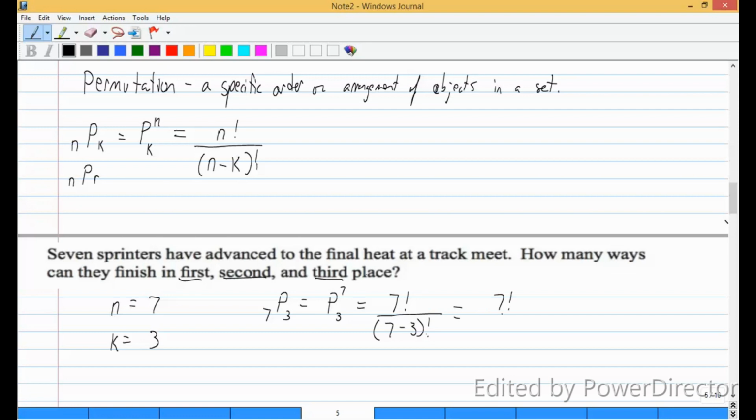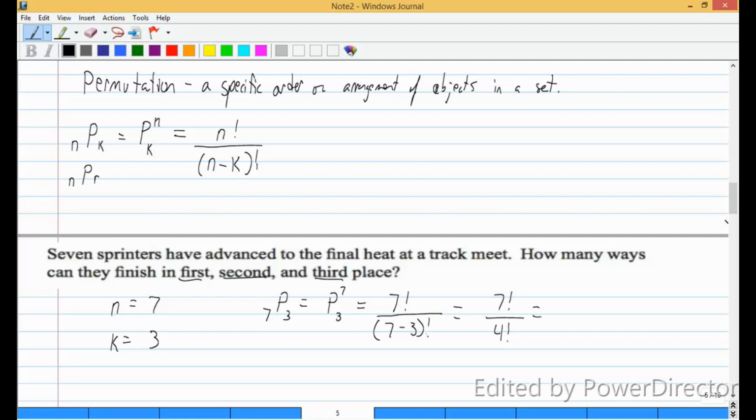So that's 7 factorial divided by 4 factorial. So in a race, order matters. So that's why we have to use a permutation. Now, if I want to calculate this, that would be 7 times 6 times 5 times 4 times 3 times 2 times 1 divided by 4 times 3 times 2 times 1.